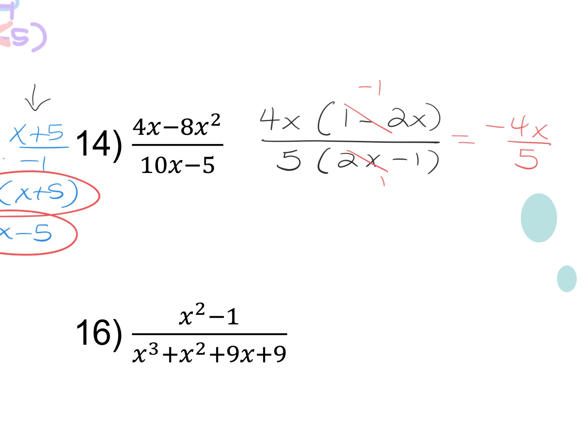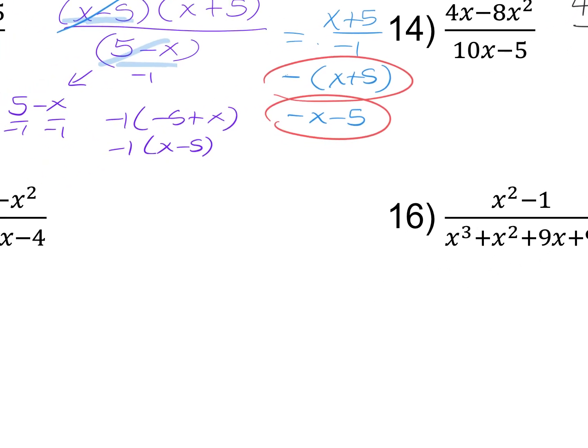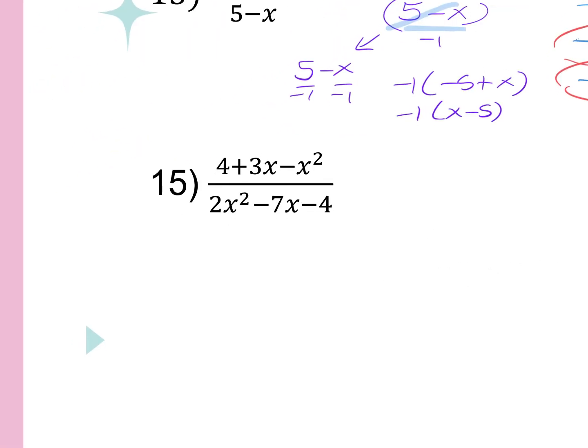15, I have a trinomial in both the numerator and the denominator. And again, you can either factor that numerator as is, or pull out the -1 GCF to begin with and rearrange it in standard form. So whichever you prefer.